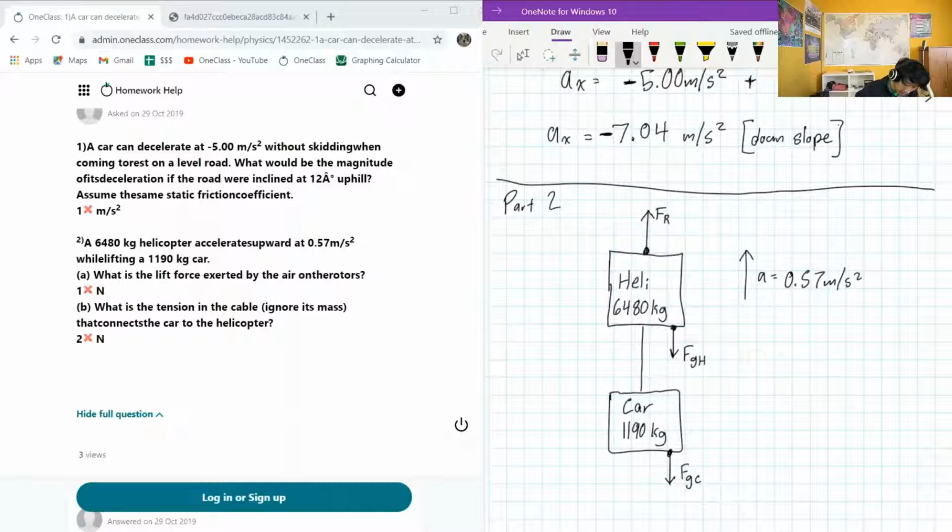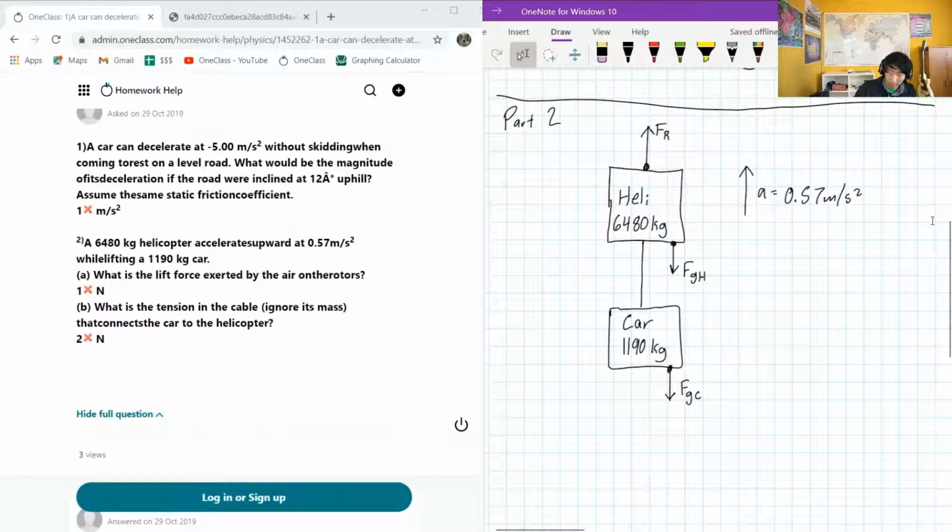And we have a tension force in the cable, but that's more for part B, so we won't worry about that for now. Essentially, we're trying to solve for the rotor force, and we know the net acceleration. So we want to set it up this way.